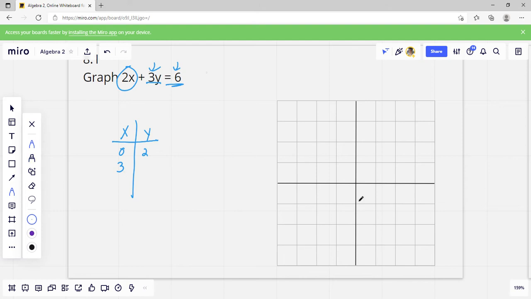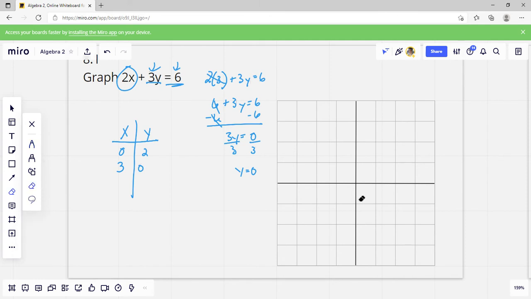So if I put 2 times 3 plus 3y equals 6, 2 times 3 would be 6, plus 3y equals 6, and then I'm going to subtract 6. Oh, I don't know if this is going to work. 3y equals 0. That just means y equals 0. I think that works. We shall see when we go to graph it.